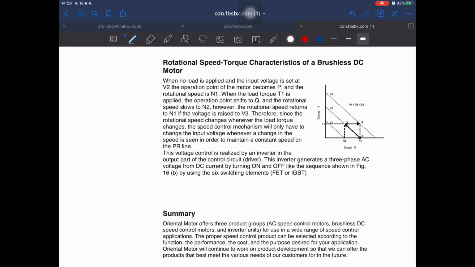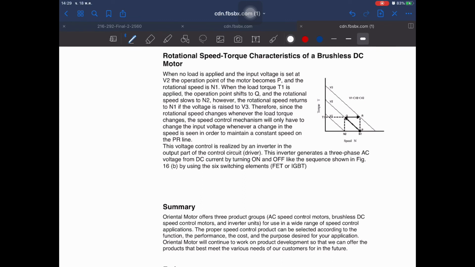When the rotation torque T1 is applied, the operation point shifts to Q and the rotation speed slows to N2. However, the rotational speed returns to N1 if the voltage is raised to V3.